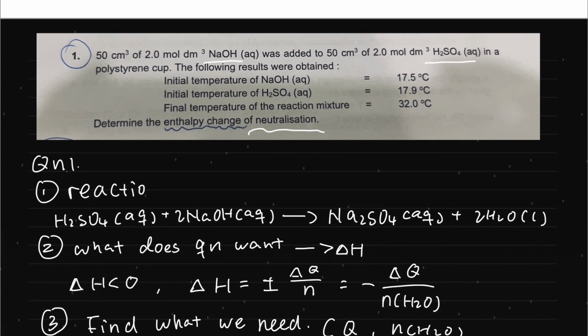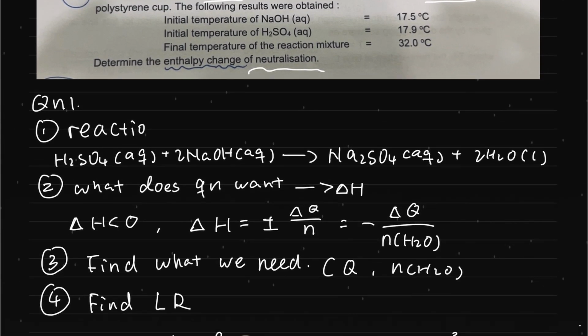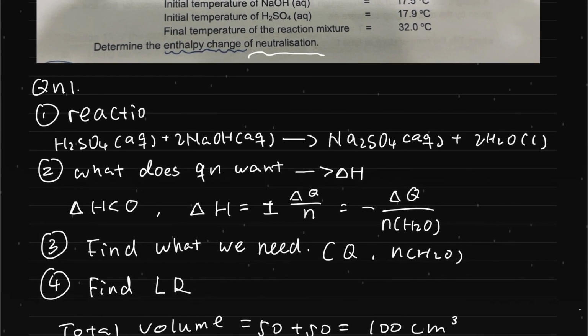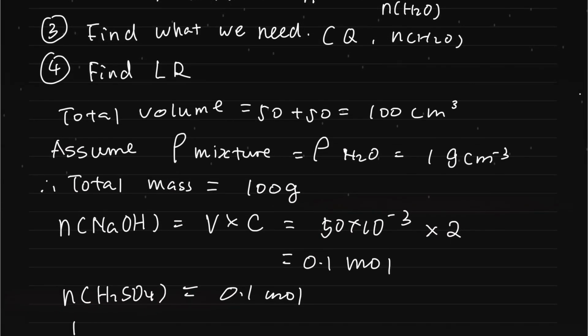Similarly for H2SO4, luckily we have the same concentration, so it's also 0.1 mole. However, we can see from the reaction that its mole ratio is different, so it's 1 to 2.